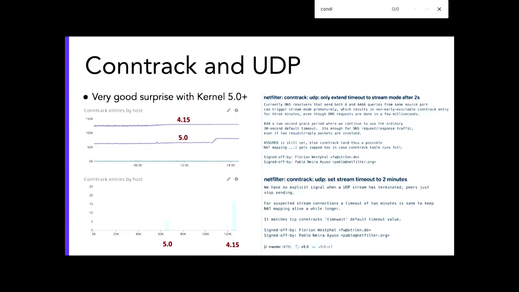We had a bimodal distribution of the number of entries in the conntrack for these nodes providing DNS, and we discovered that on the 5.0 kernel, the number of entries was much lower than on 4.15. The reason is these two commits here that optimize the way the kernel does conntracking of UDP in kernel 5. As you can see, the number of entries in the conntrack was divided by 2 thanks to these two commits. So it was great news.